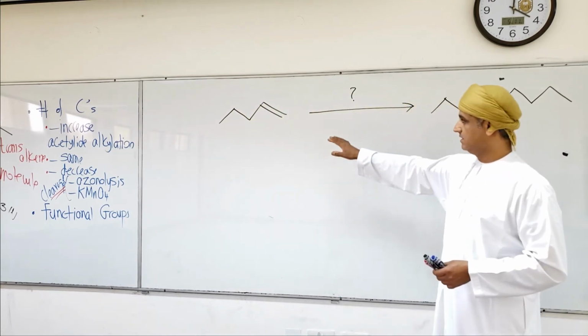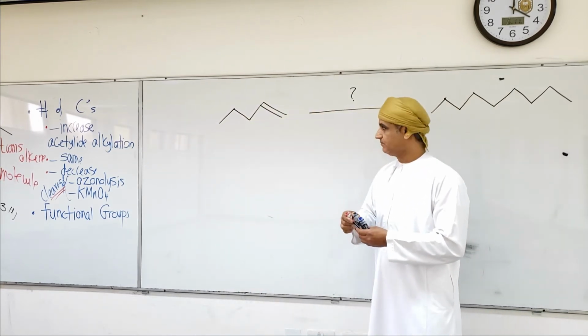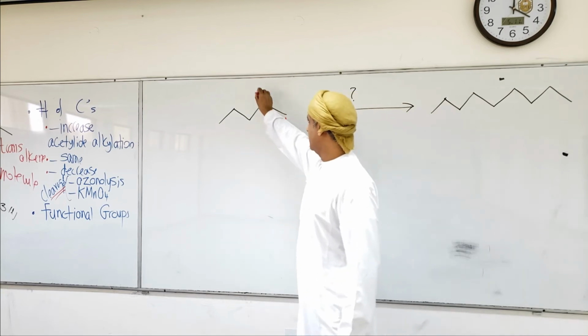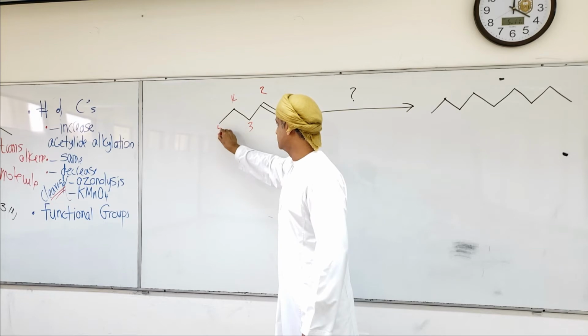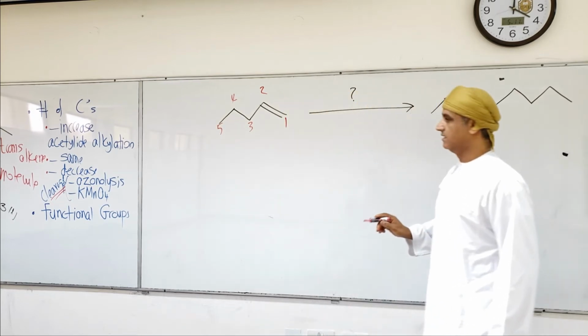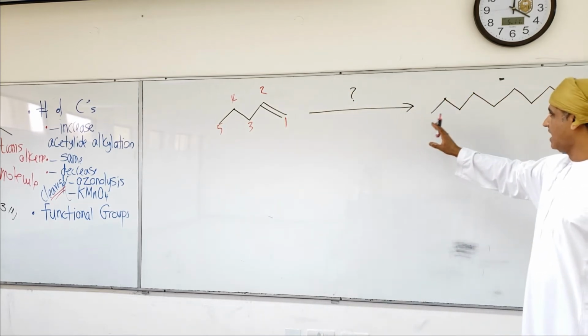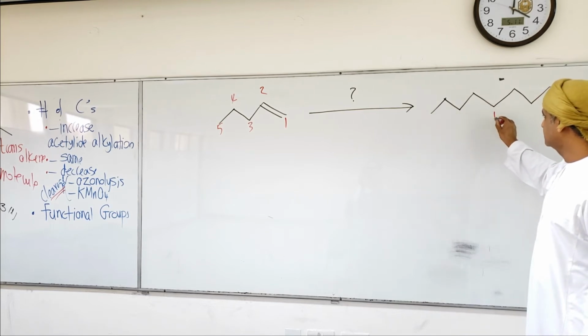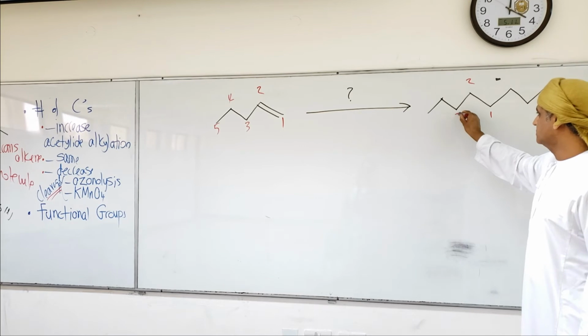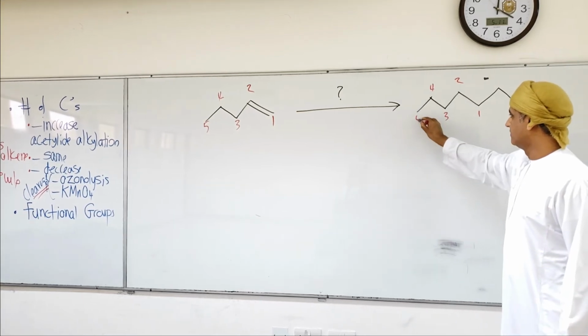If you look at the number of carbons in the alkene, and number them just to keep track of carbons, you will see that there are 5 carbons. These 5 carbons are probably these 5 carbons. So you can put the numbers tentatively, at least for now: 1, 2, 3, 4, 5.